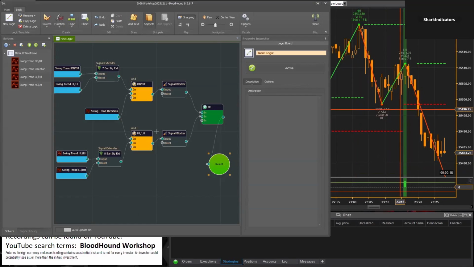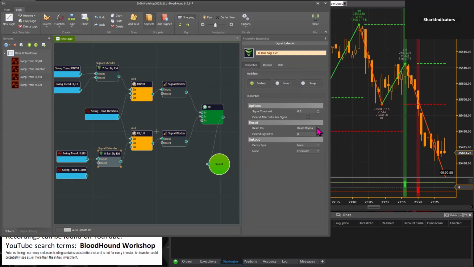Yeah, so we can either allow those lower high and higher lows to occur even though there is a lower low or higher high, just simply by disconnecting that or reconnecting it. So the signal extender, the resets here are set up here, but to actually kill those signals, we just need to connect our lower low, lower high to the reset there.